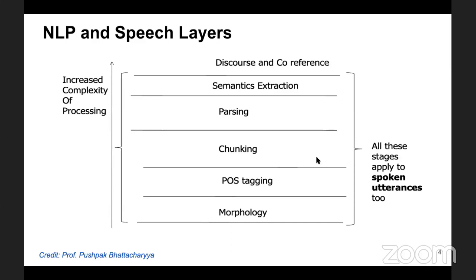Then we identified the words and what tags we associate with them. The possible tags could be noun, verb, adjective, etc. Once we are done with identifying each word, what we are trying to do at chunking and parsing is to see what structure the sentence is following, and the different structures it can follow.